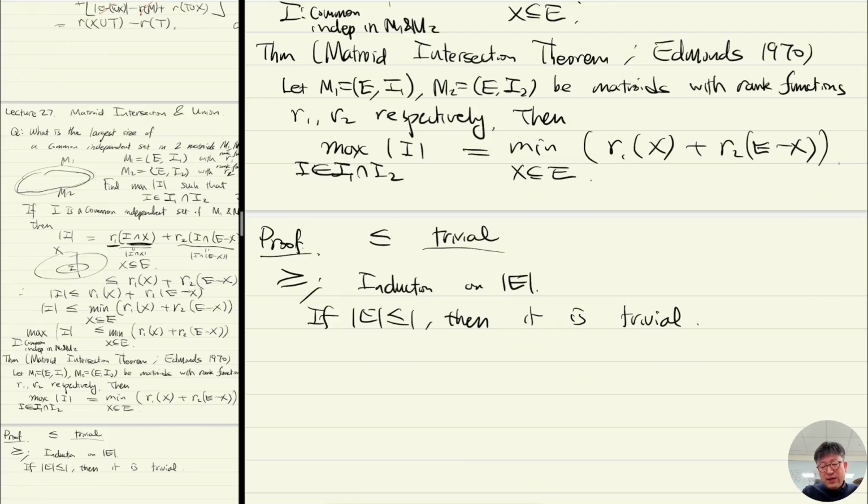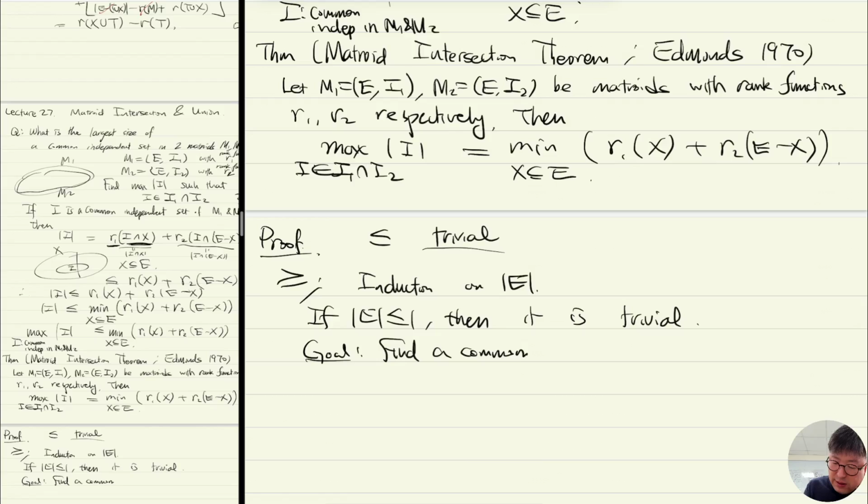If we have only one element, it's just case checking. The empty set is the largest independent set if the whole set E is not independent in one of these two matroids, and then the minimum is zero, so it's easy to check.